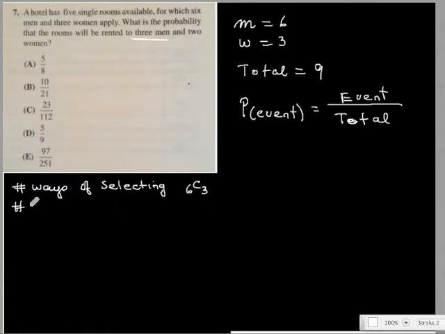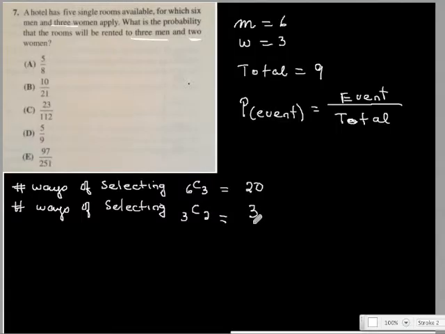The number of ways of selecting women: you want 2 women and there's a total of 3 women right here. So you're going to choose 2 out of 3. So you can use your calculator and figure this one out. And we can do it right now if you like. If you have a calculator, pick it up and work with me. First one is 20. And the second one, this one is 3.